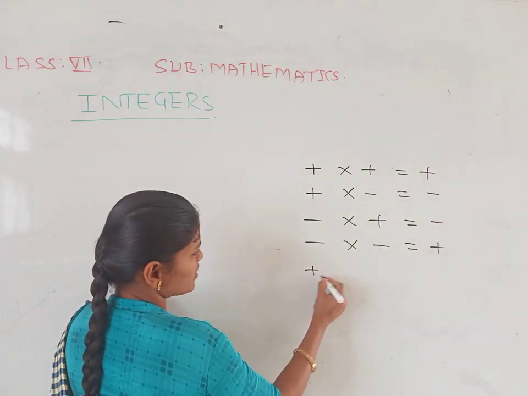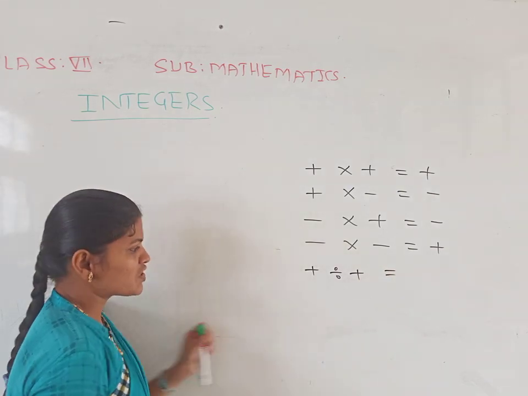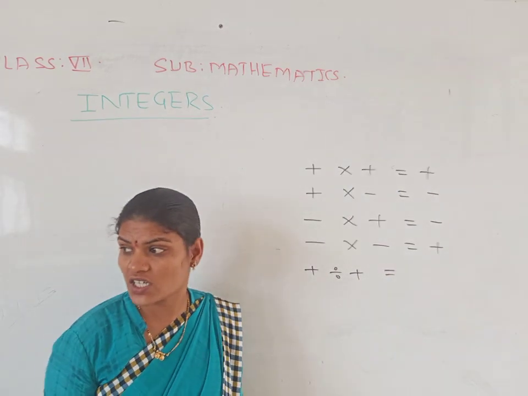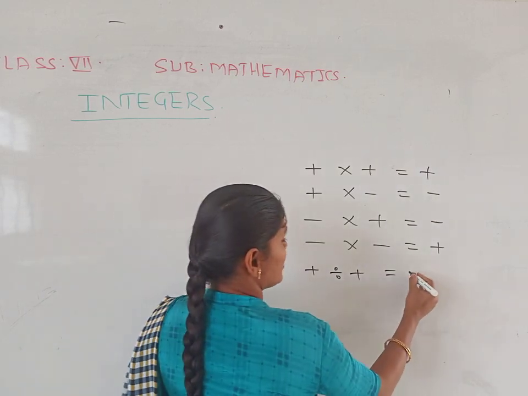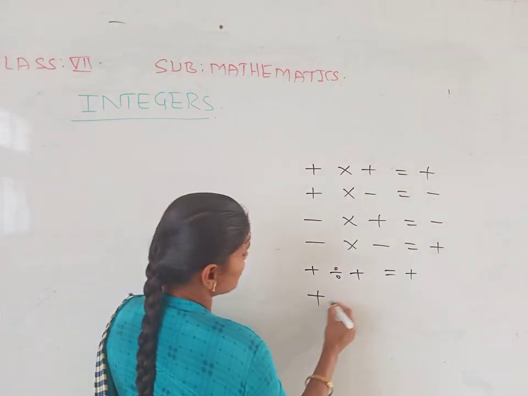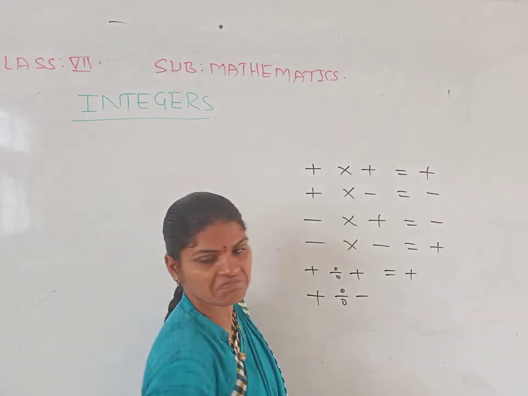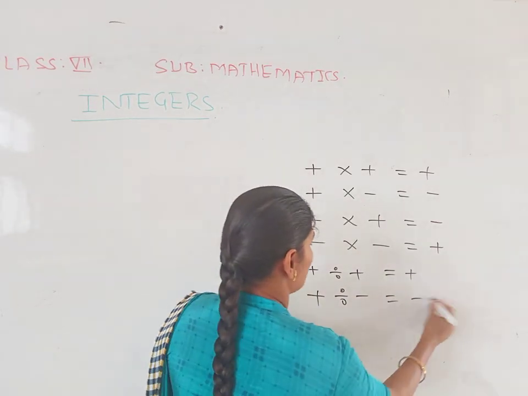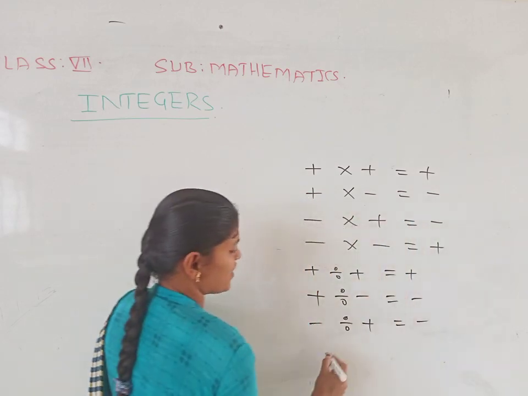Suppose plus divided by plus: a positive integer divided by a positive integer gives a positive quotient. Positive divided by negative is minus. Minus divided by plus is also minus.